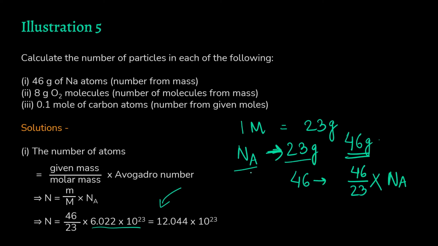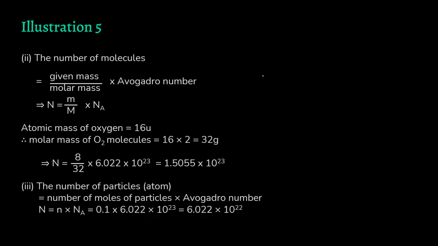Similarly, in the second question, we have to calculate the number of molecules from mass for 8 gram of oxygen molecules. Again, we know that 16 gram atomic mass of oxygen has 1 mole, so it would have the Avogadro number of atoms.